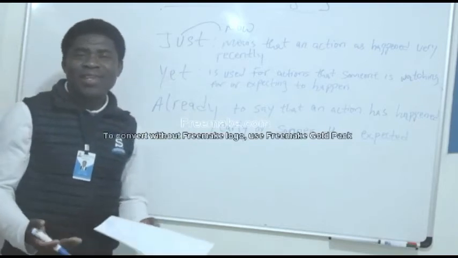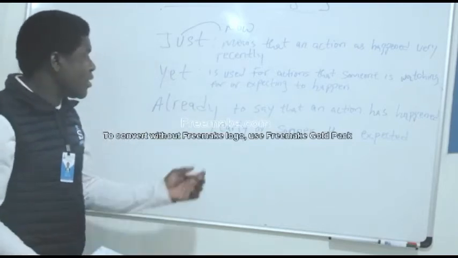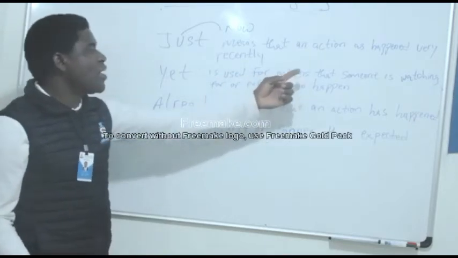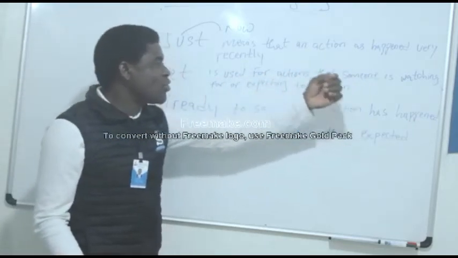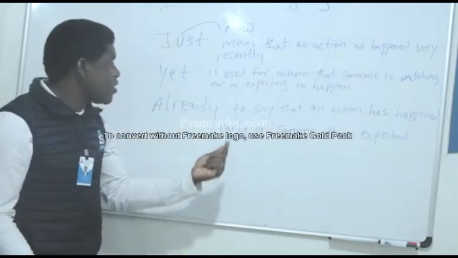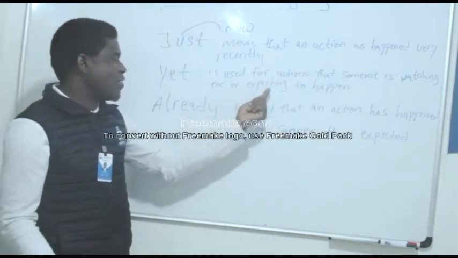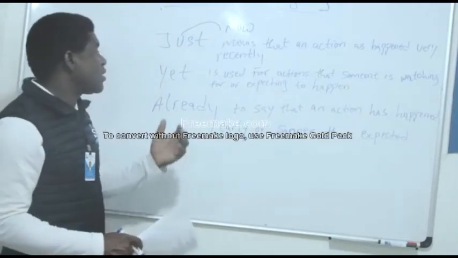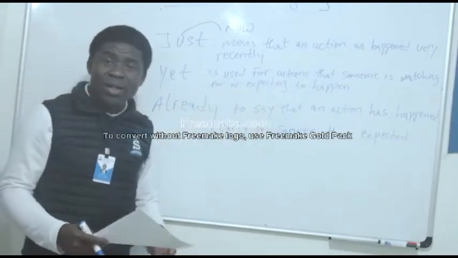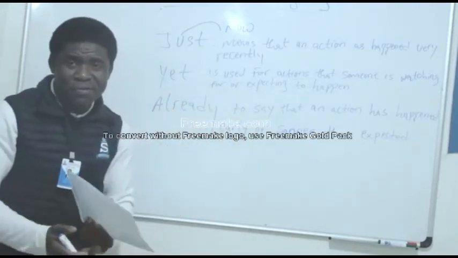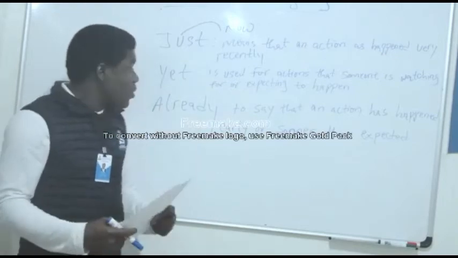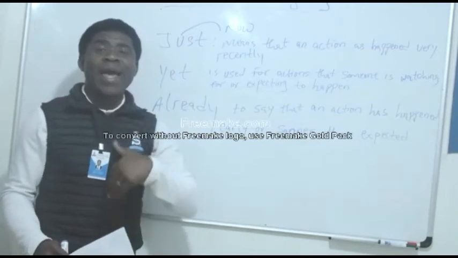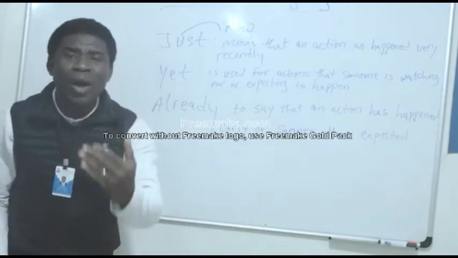What about yet? How do we use the word yet? It's used for actions that someone is watching for or expecting to happen. When we say yet, it hasn't happened, but you are expecting it to happen.